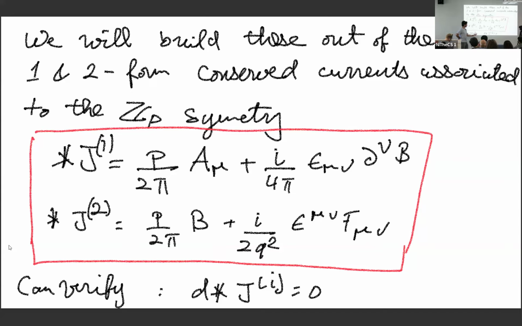The theory imposes these conservation equations as operator equations. So if I exponentiate these operators, then they're also topological operators, just like the U and W operators in BF. I can verify that these current conservation equations just follow from the equation of motion of the theory.